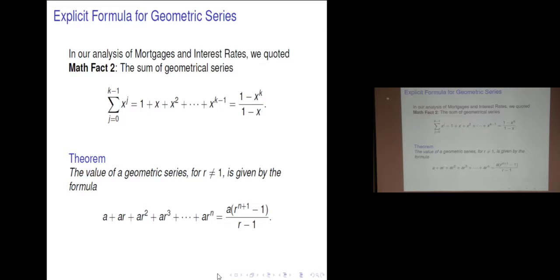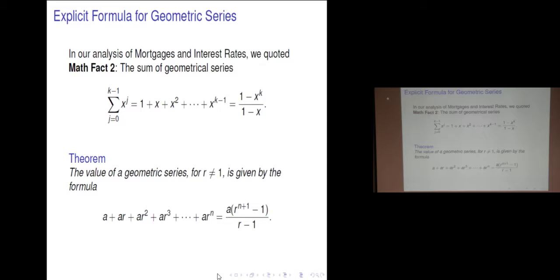So this is a more general geometric series, right? The theorem says the value of a geometric series for r not equal to 1, because we are going to divide by r minus 1. So when r equals 1, it's wrong. So for r not 1, it is given by this formula. You take the sum a plus ar plus dot dot dot plus a times r to the n, and you get this term.